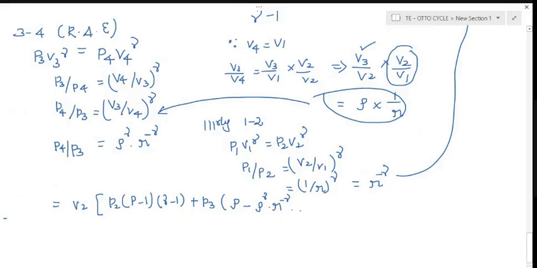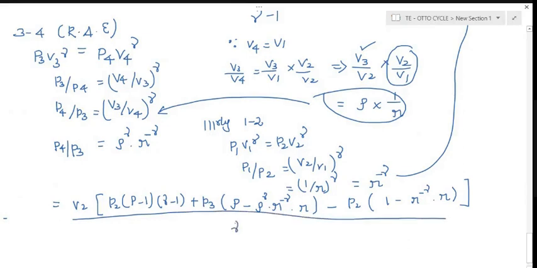Already there is the term r, so you can simply use the same: minus P2 into 1 minus, instead of P2 by P1, here I can say r^(-γ), whole divided by gamma minus 1.